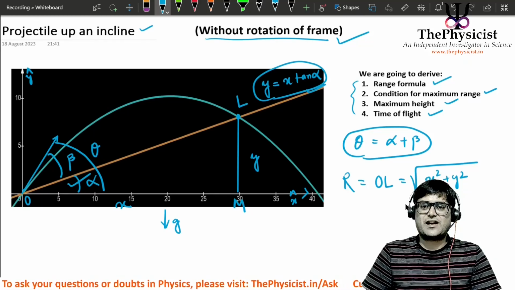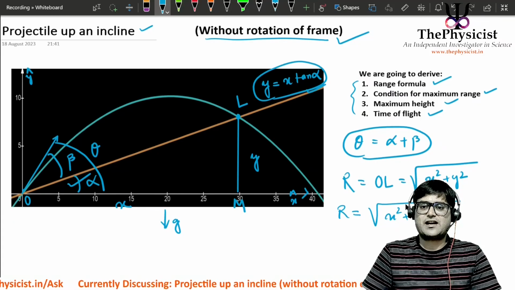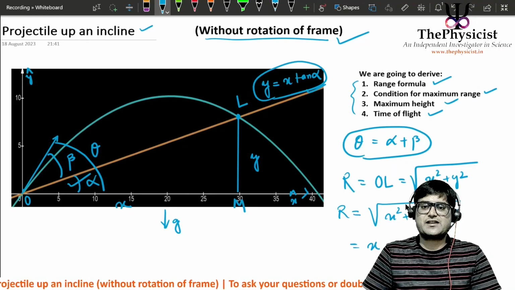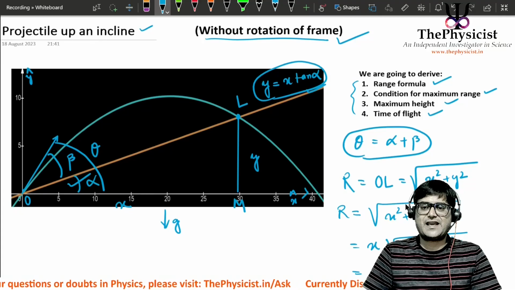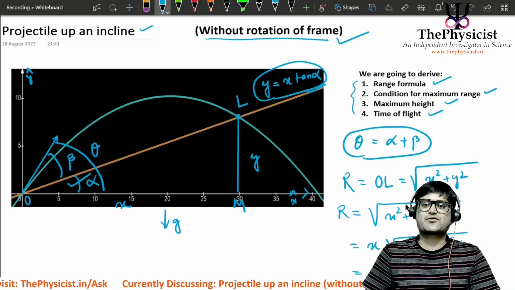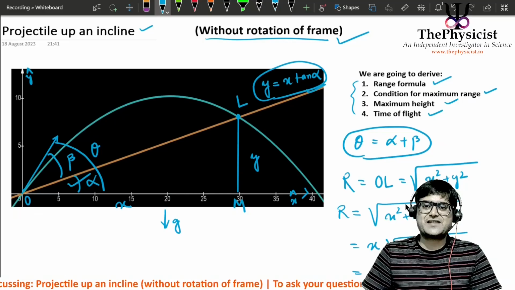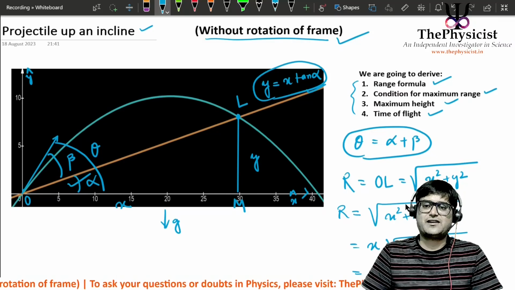If I put that value here, the range is the square root of x squared plus x squared tan squared alpha, which simplifies to x times the square root of 1 plus tan squared alpha, and that is x sec alpha, or simply x upon cos alpha.